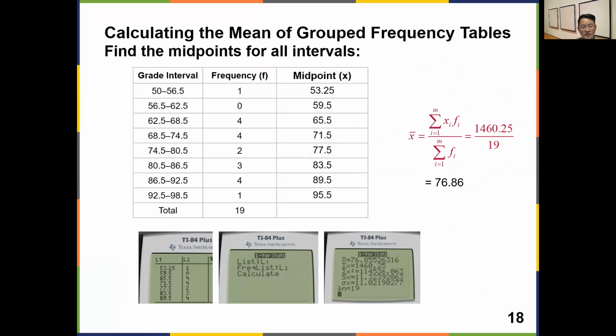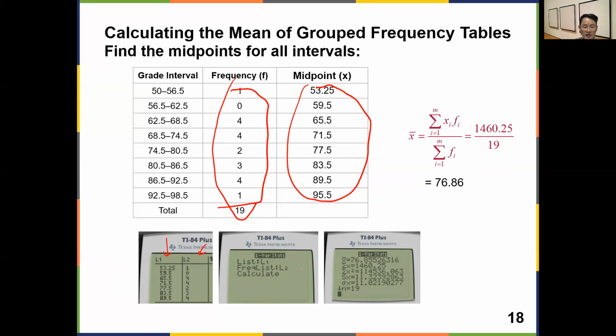I mean, you can also do this in the calculator setup, right? So, once we figure out what to do with the calculator, we will probably try this one later on with the calculator. Basically, you go to the table, you put this midpoint in L1, and in L2 you put the frequency, and then you just calculate, and the calculator automatically will figure out the mean value, and it does a whole other bunch of calculations.